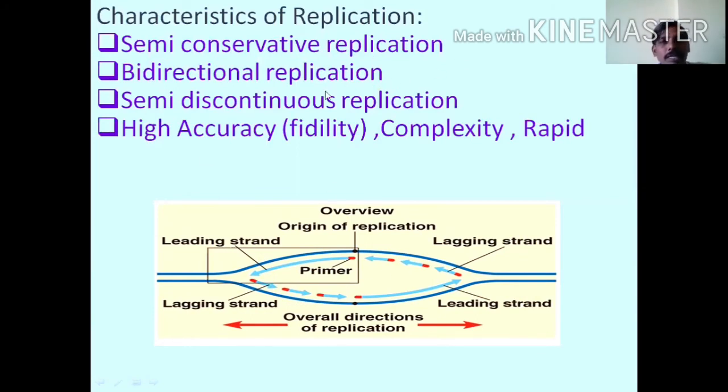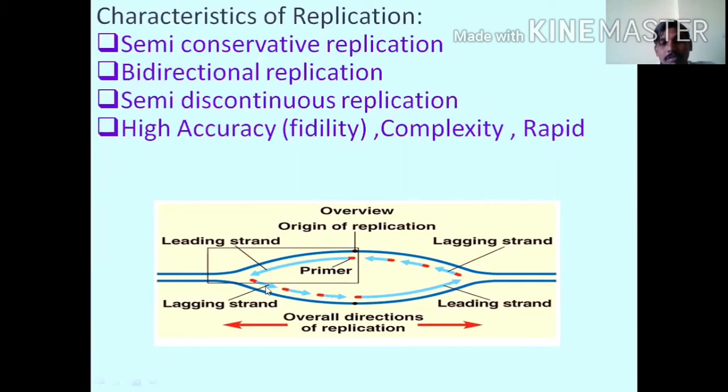And semi-discontinuous replication. Semi-discontinuous replication means that on one side, one of the parental strands produces a new DNA strand continuously. On the opposite parental strand, the new DNA is synthesized in small fragments.